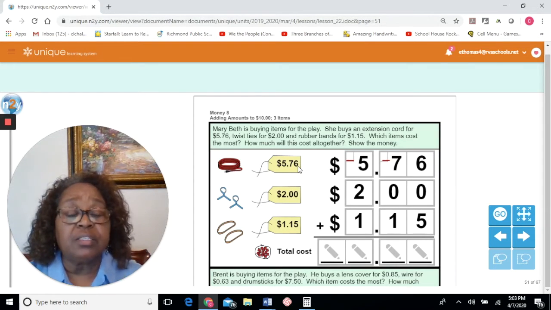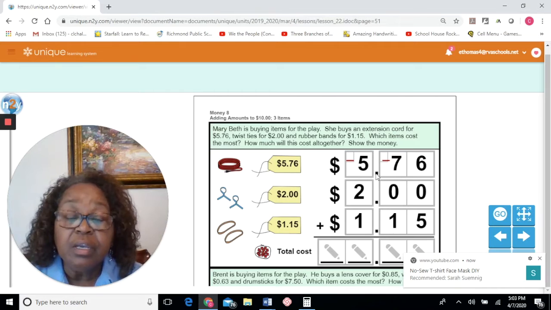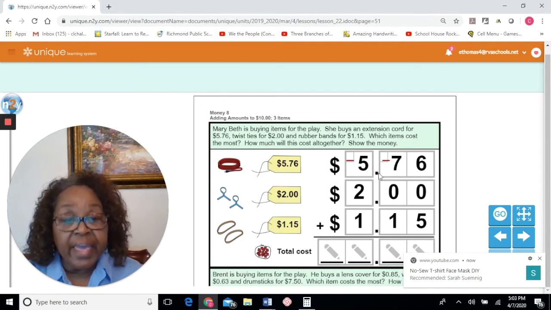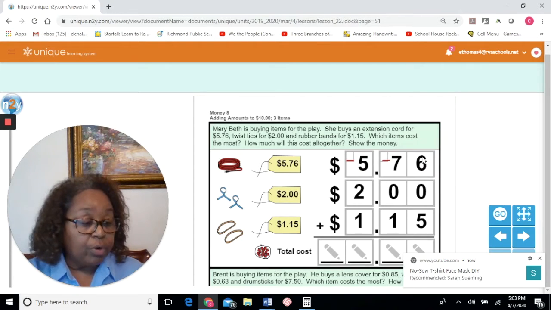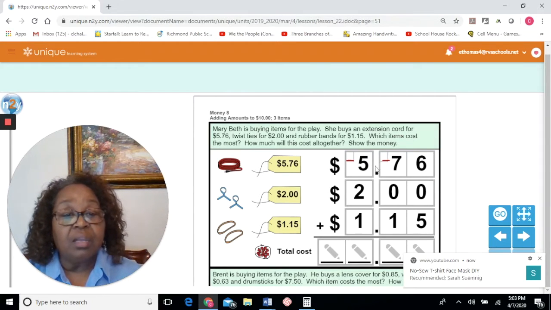I would also like you to notice that when you're using your decimal point, when you read it, you say "and." $5 and 76 cents. That's the way it works when you're working with decimals. Now, let's look at the values. We have $5.76, $2 or $2.00, $1.15.